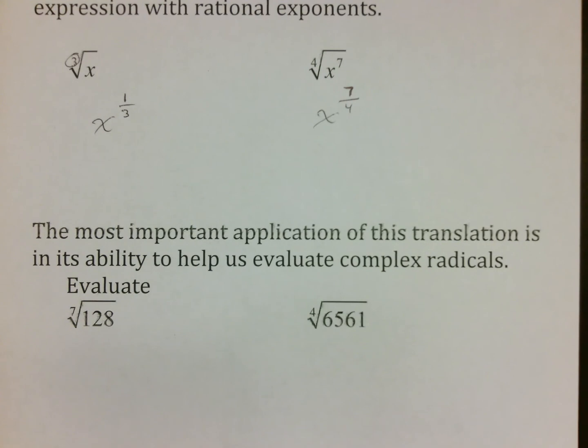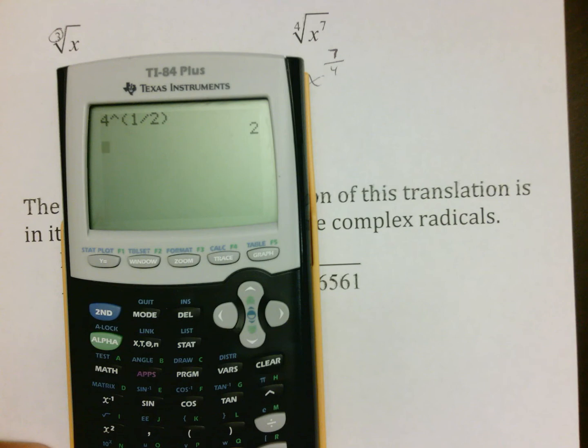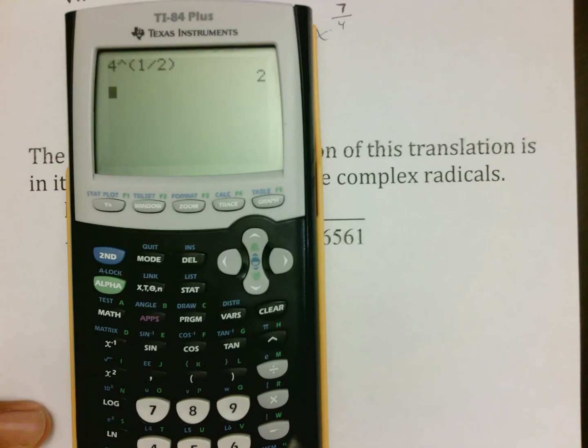The most important application of this, in terms of why we want to be able to do it, is the ability to help us evaluate complex radicals. Our calculator doesn't have a button for it, but right now all we have is a regular square root.